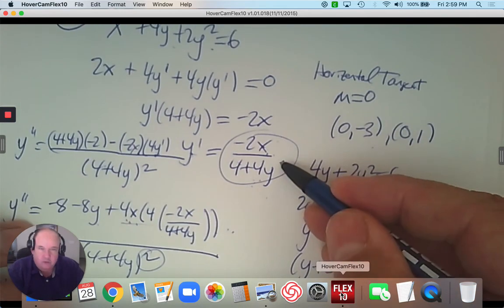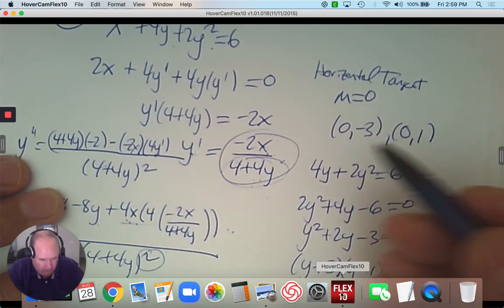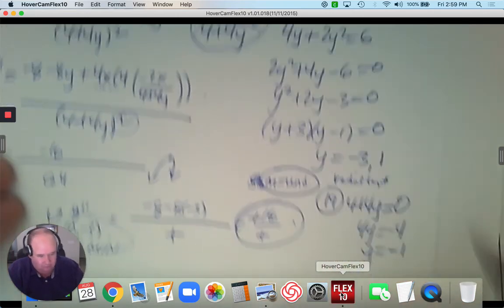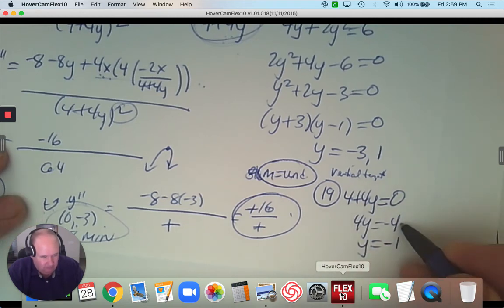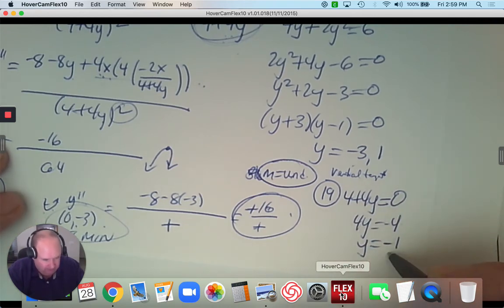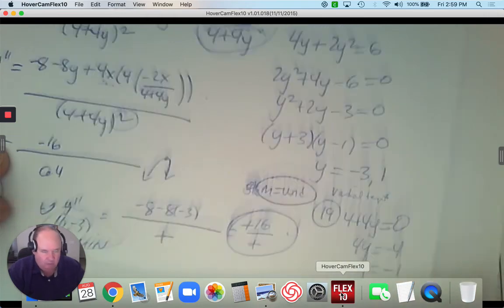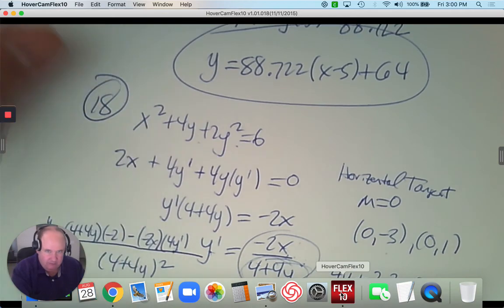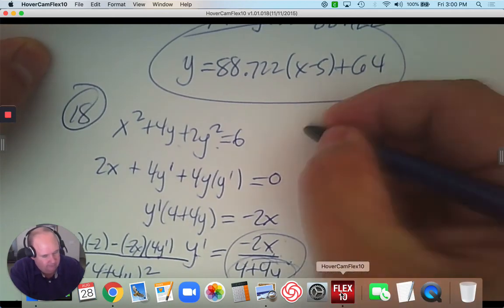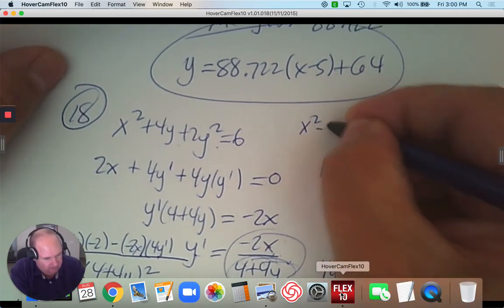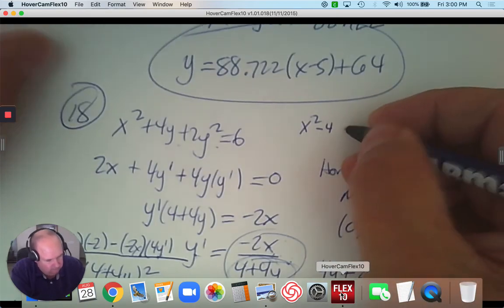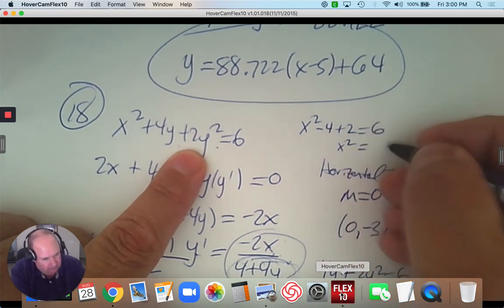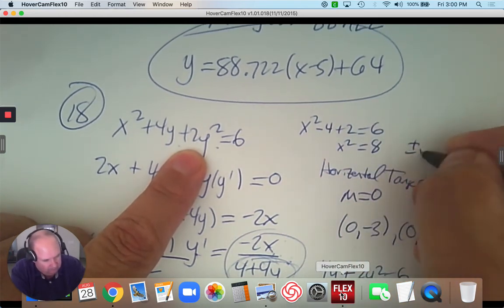So back here to the first derivative, I take the bottom equal to 0. If the denominator is 0, it's undefined, it's vertical. It's a vertical tangent. So take the denominator equal to 0. You get y equals -1. And then to find the x coordinate that goes with it, you plug that into here to solve for x. If you plug -1 in, you get -2, add 2, so it's just plus or minus the square root of 8.